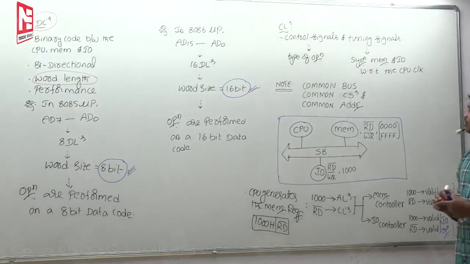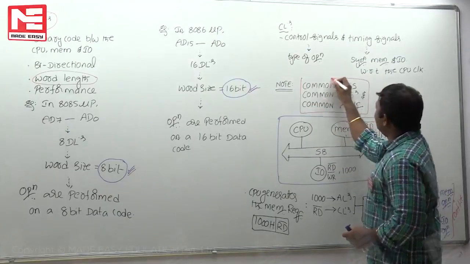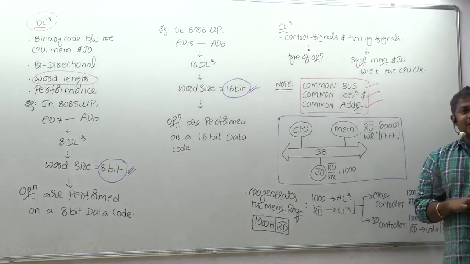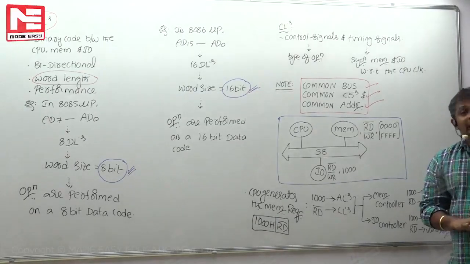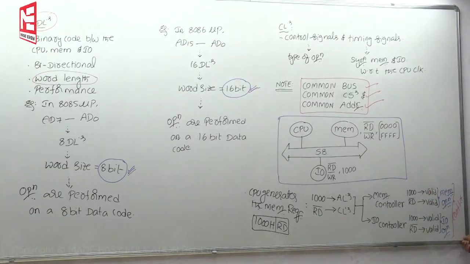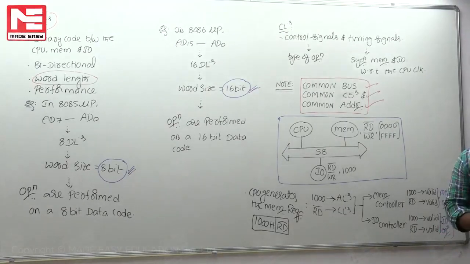Correct now? So when a common bus, common control signals and common address space are used in the system design, the system will compulsorily become unreliable because this conflict is possible somewhere. When this conflict is possible, the system becomes unreliable. No one uses an unreliable system.